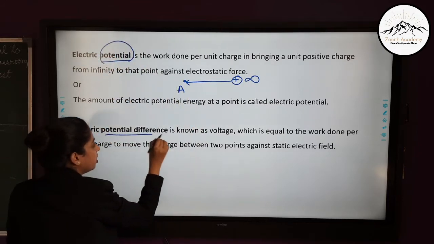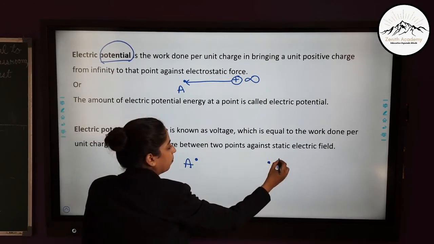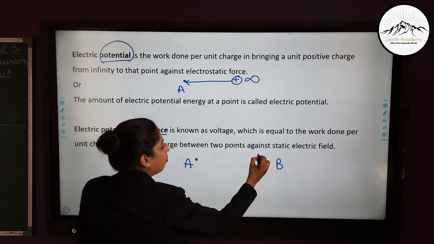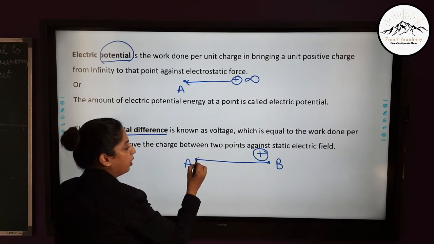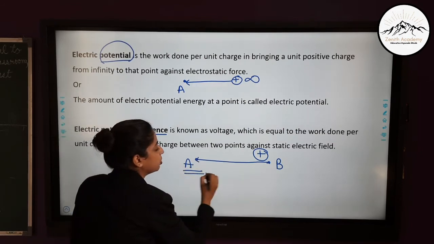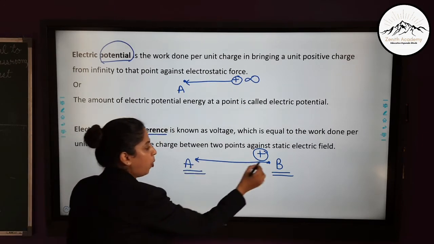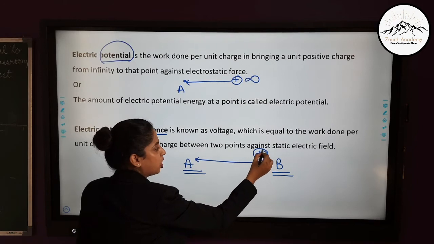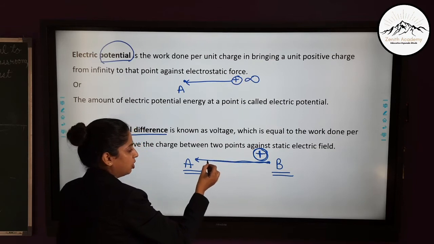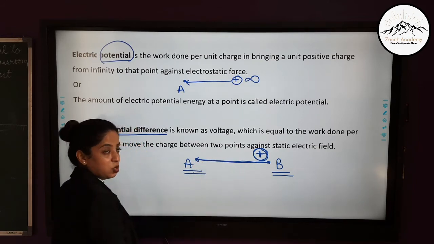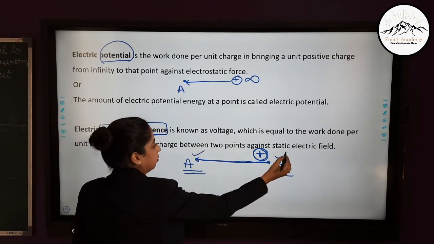Then what is potential difference? If I have two points, point A and point B, then the amount of work done in bringing this unit positive charge from one point to another point is known as the potential difference between these two points. If your test charge is kept at B, then the amount of work done in bringing that charge from that point to this point is known as the potential difference between these two points.